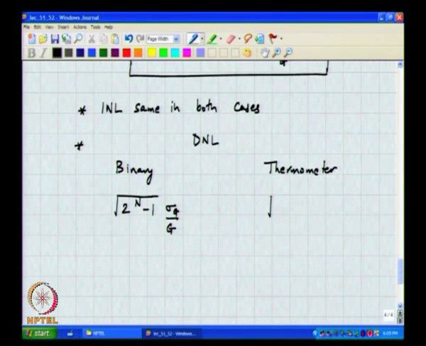In this case it is simply sigma g by g, all right. So, why do you think, I mean which is larger?